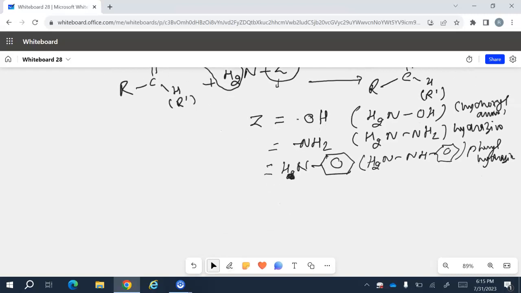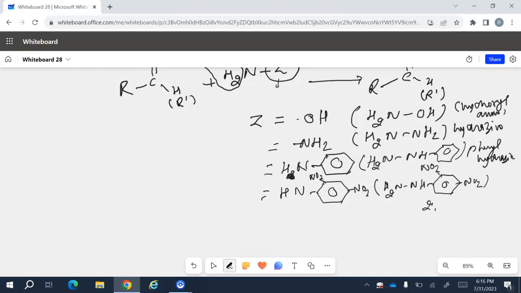Or it can be the other reagent, say for example phenylhydrazine, but in the 2 and 4 positions we have nitro groups. Then the reagent becomes H2N NH, with the benzene ring with NO2 groups in the 2 and 4 positions.